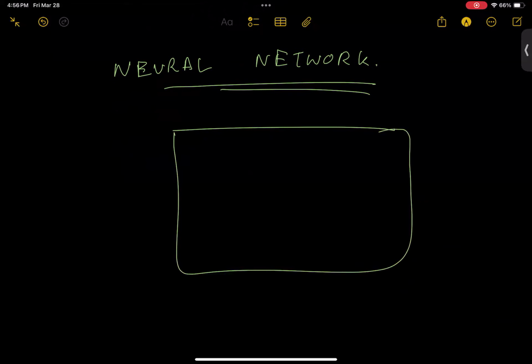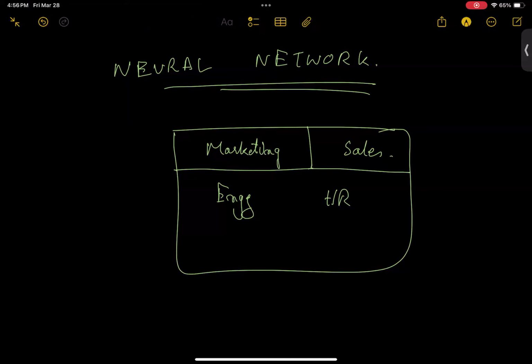It has marketing, sales, engineering, HR, right? These are the departments in a company. Marketing has its own way of working, sales has its own way of working, engineering has its own way of working.